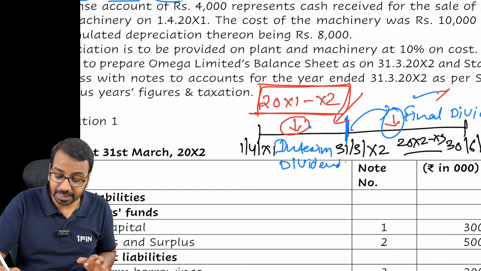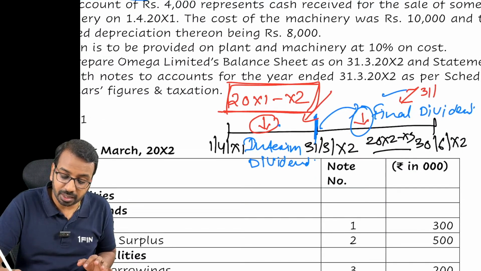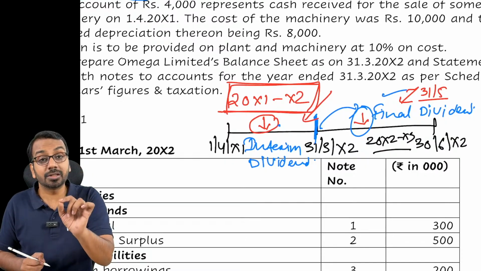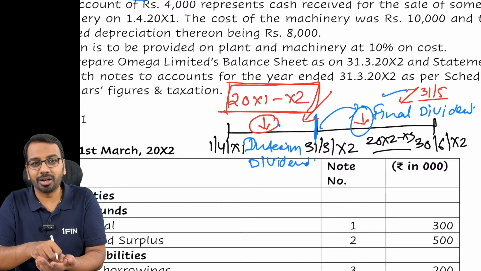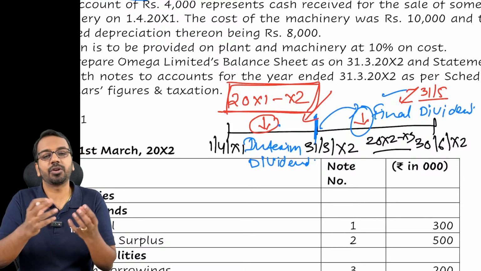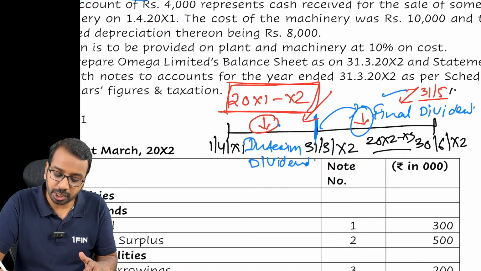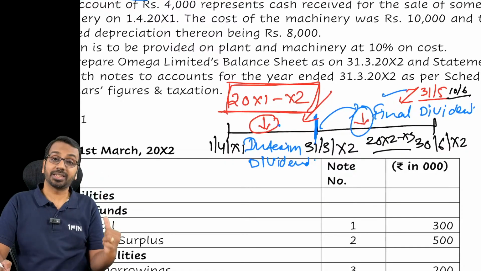If the company is declaring in, let us say, the next period, they have declared it on, let us say, 31st of May. Then the company tells you that on a particular date, you have to be a shareholder to receive the dividend, which we call as record date. So the company may say, you have to be the shareholders as on 10th of June to receive the dividend for the previous financial year.